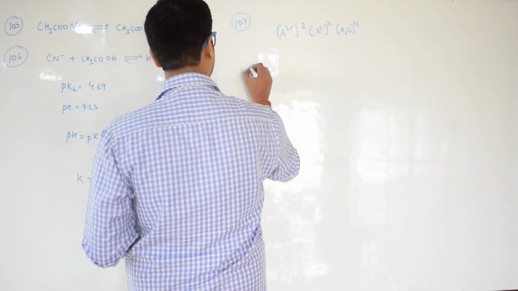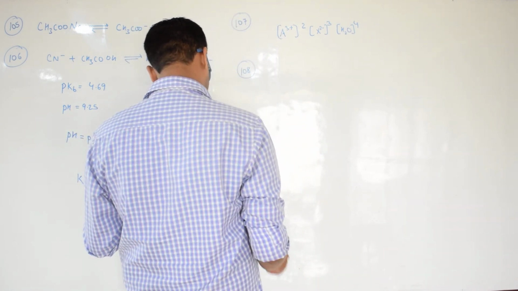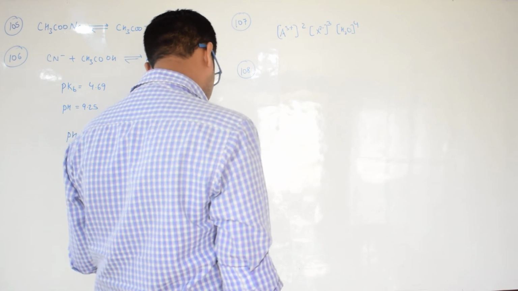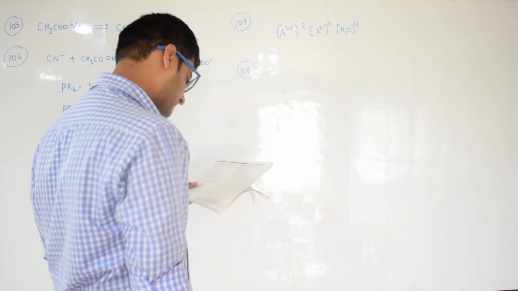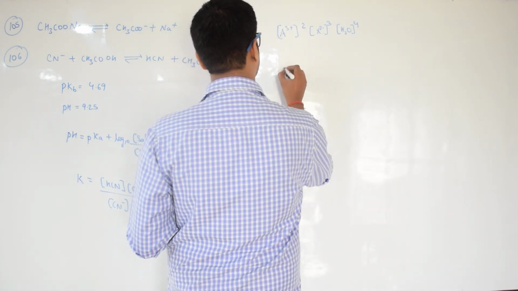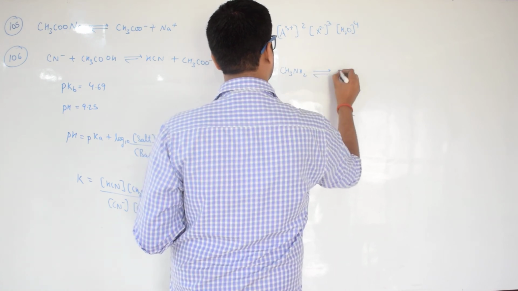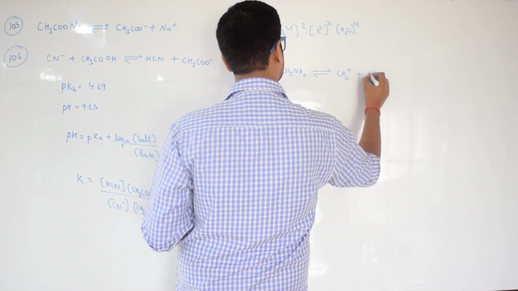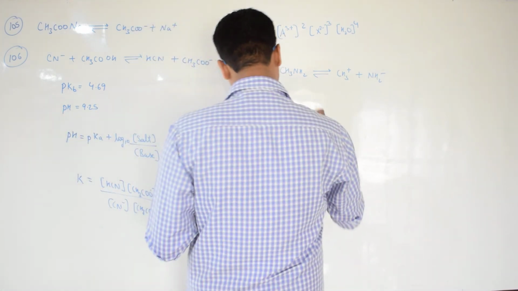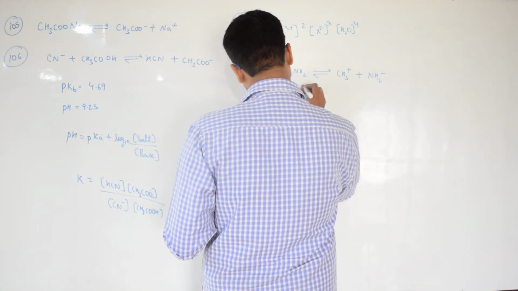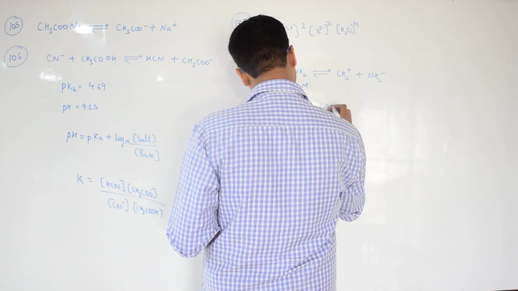Question number 108. A 0.04 molar solution of CH3NH2 is diluted to reduce its molar concentration to half. The change in pH during dilution is asked. We have 0.04 molar and pKb is given as 3.3010.